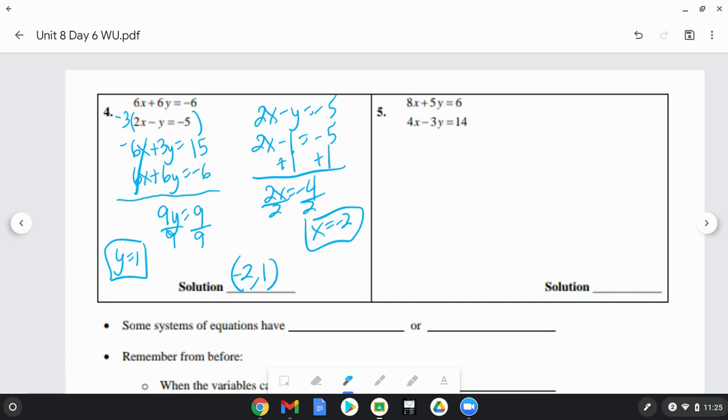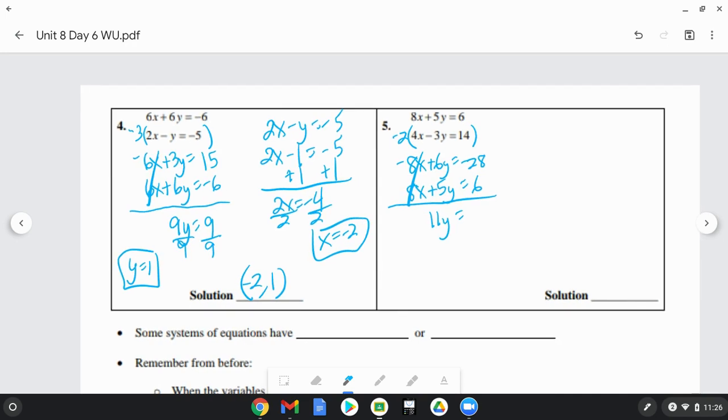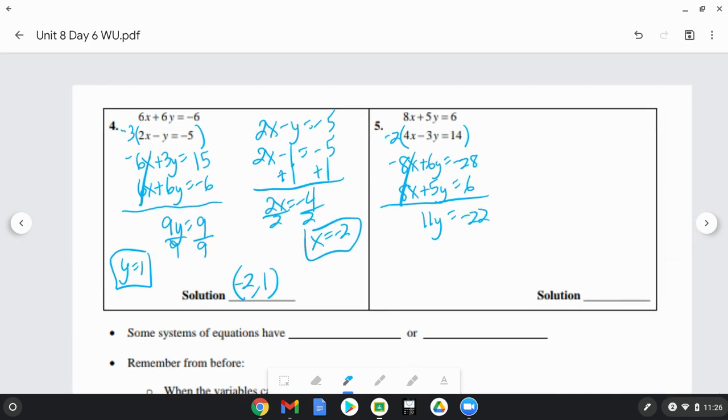Next, if you take the bottom and multiply it by -2, you'll notice that you get -8x plus 6y equals -28. I'm going to drop the top one down. And if I add the x's together, I get 11. They cancel. I get 11y equals, I think that's -22. I divide by 11 and get y equals -2.